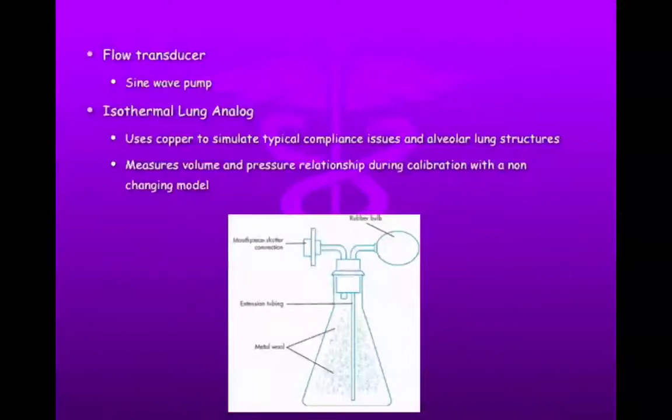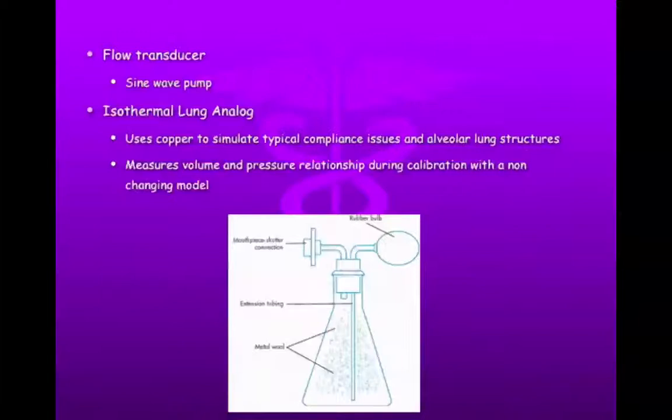Flow transducers, we want to use that sine wave pump that we talked about earlier. We can also use what's called an isothermal lung analyzer. And what an isothermal lung analog does is basically it uses copper to simulate the typical compliance that you would have in the alveolar structures of the lung. And then it can measure the volume and pressure related to something that's not changing.